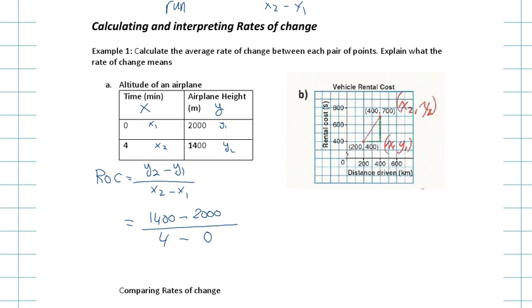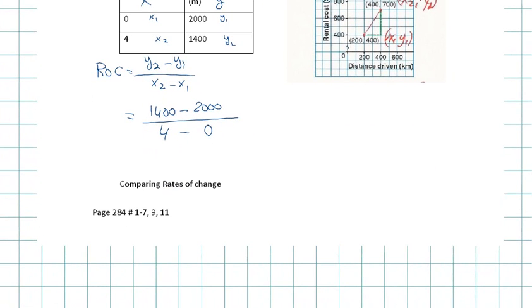Remember that x goes first, y goes second. So that's going to be negative 600 over 4, which is negative 150.